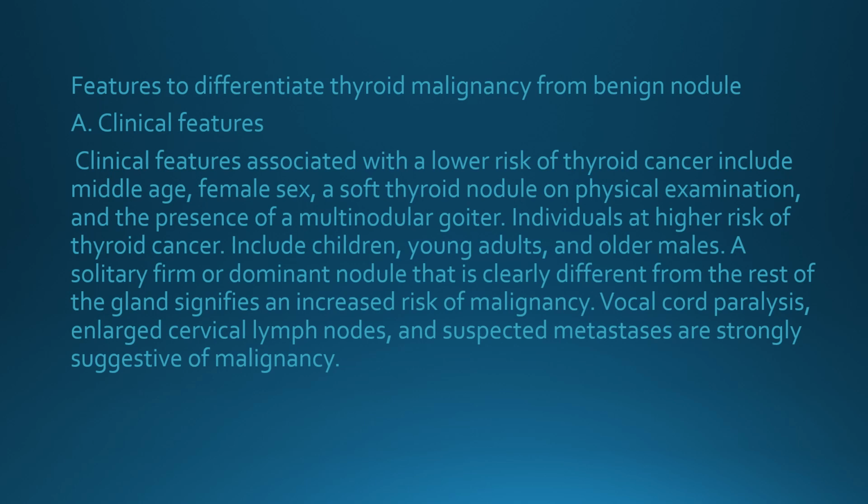A solitary firm or dominant nodule that is clearly different from the rest of the gland signifies an increased risk of cancer. Other features which are strongly associated with malignancy include vocal cord paralysis, enlarged cervical lymph nodes, and suspected metastasis.